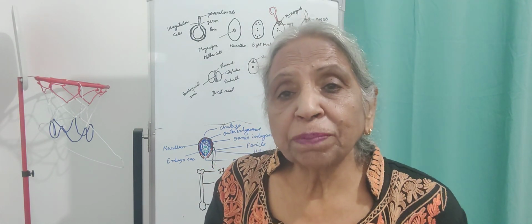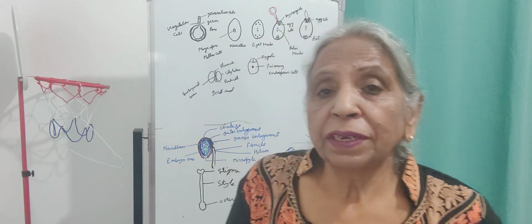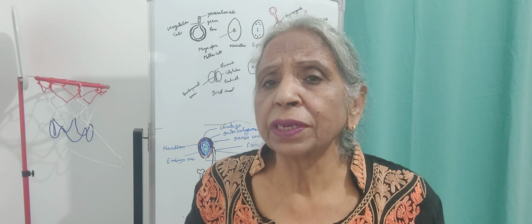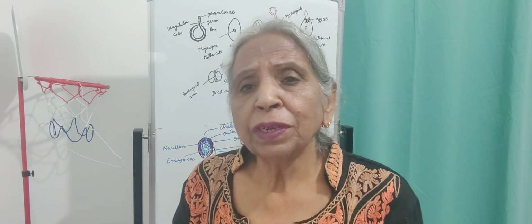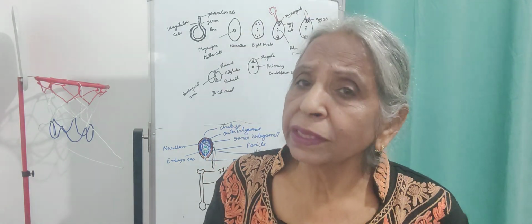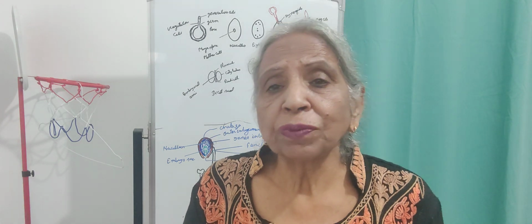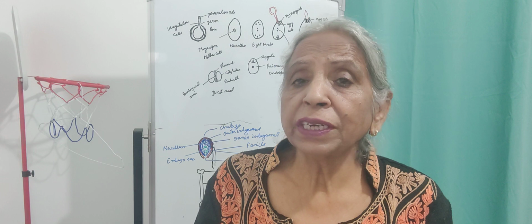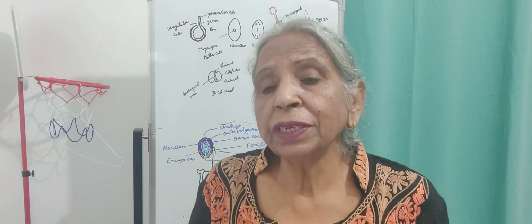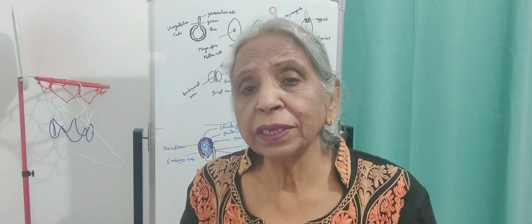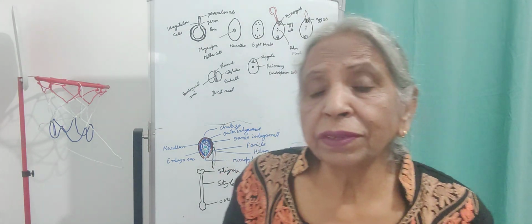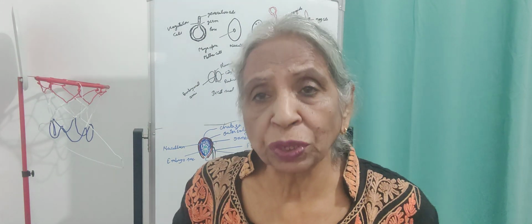And incompatibility is itself present in nature. In some cases, the pollen grain of the same flower is not compatible with the pistil of the same flower. What happens in that case? To avoid self-pollination, either the anther will mature earlier and dehisce earlier, and the stigma will mature late.